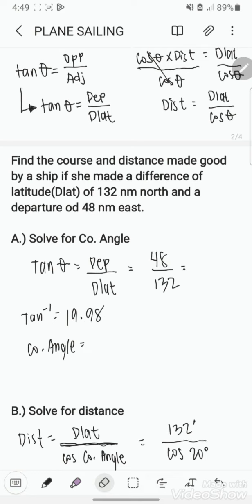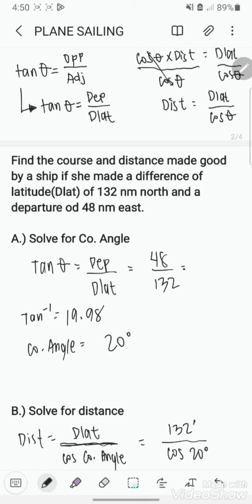We will round it up and it will become 20 degrees, and the naming is according to dlat and departure.